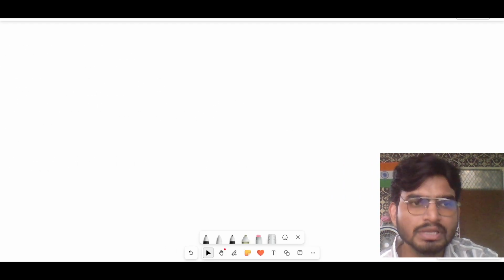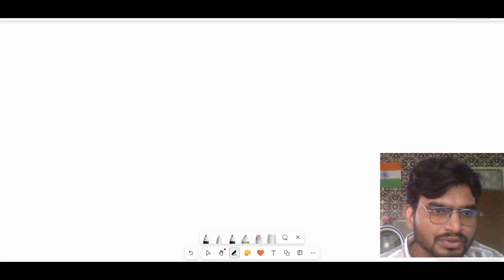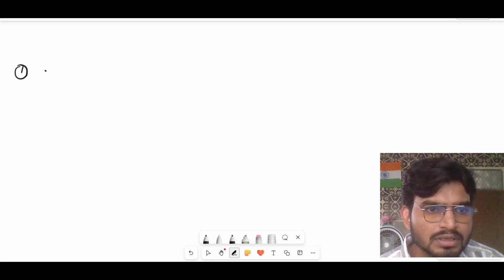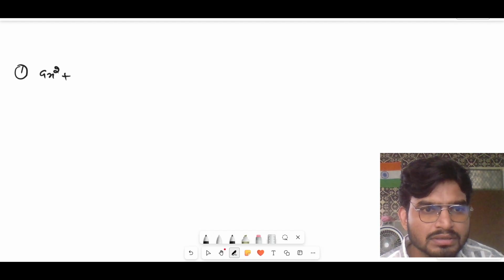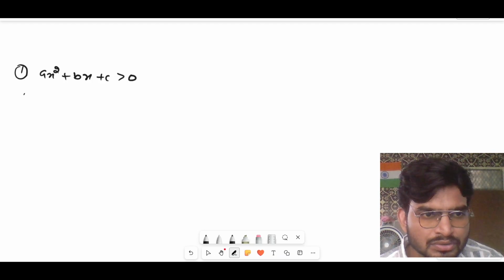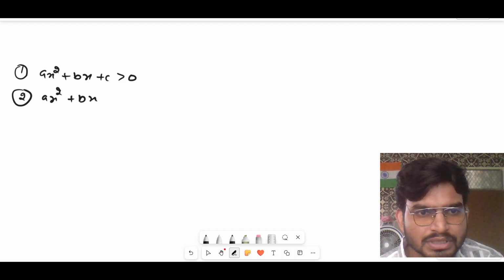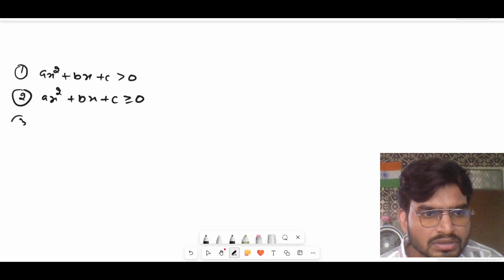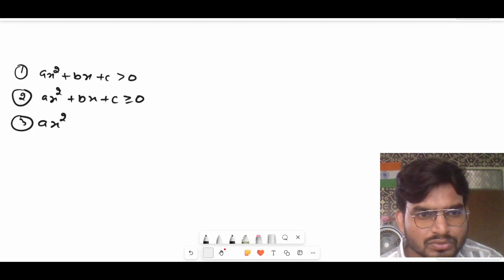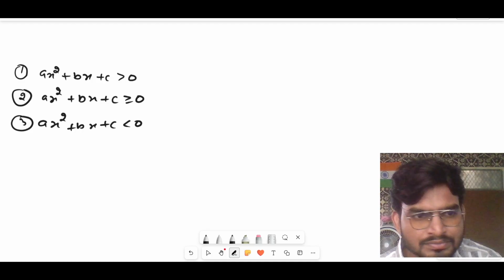Now we have the equations. First, ax square plus bx plus c is always greater than 0. Second, ax square plus bx plus c is greater than or equal to 0. Third, ax square plus bx plus c is less than 0.